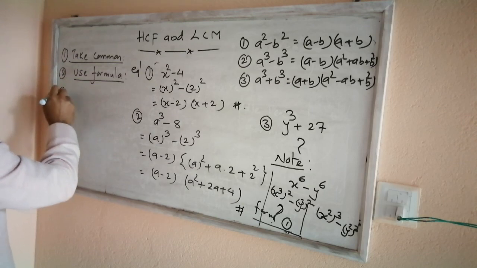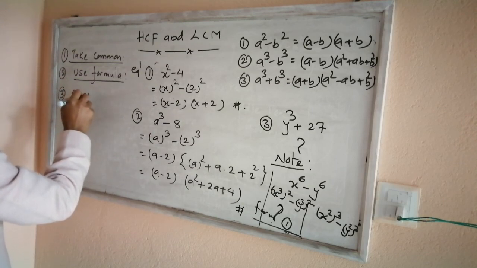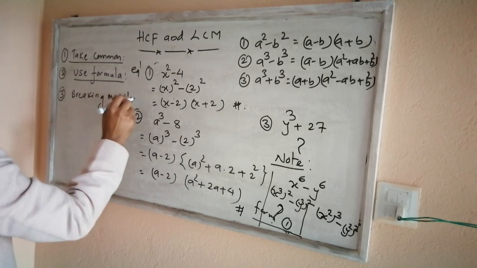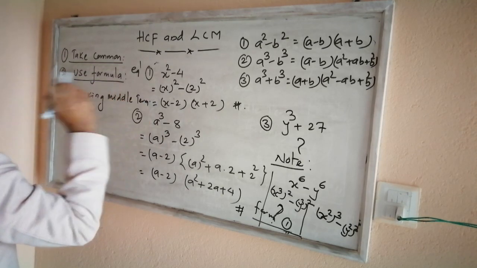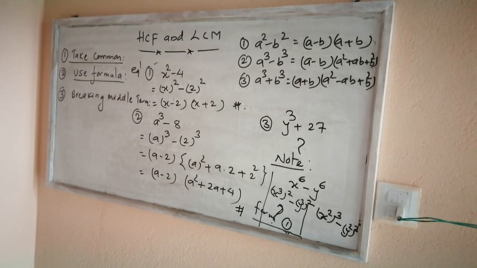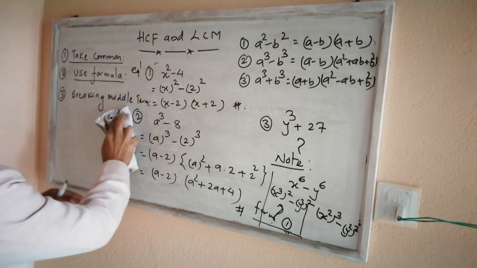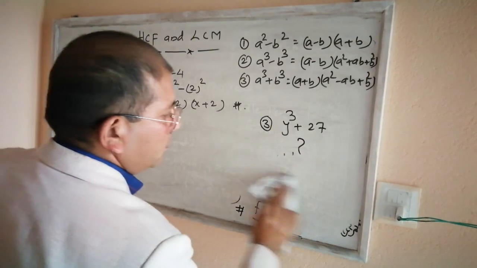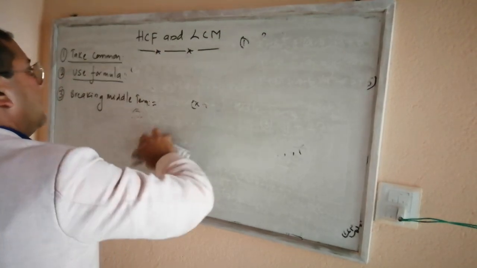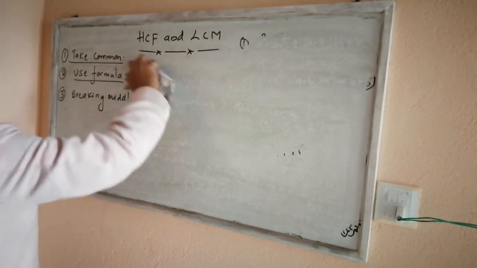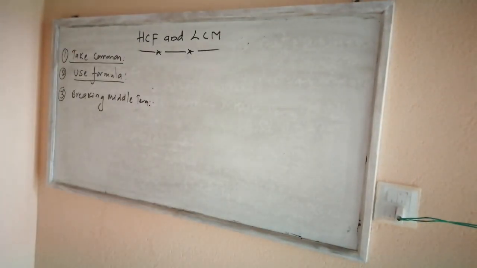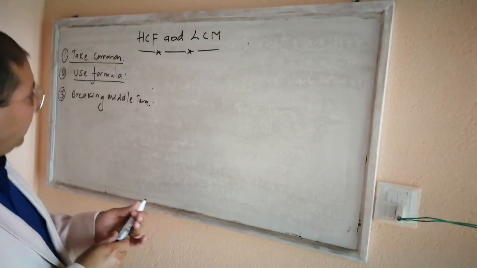Now I want to do another method. It is number 3, breaking the middle term. I want to revise this again.